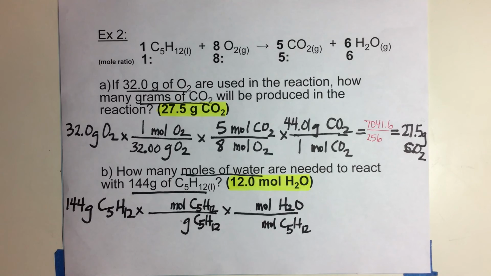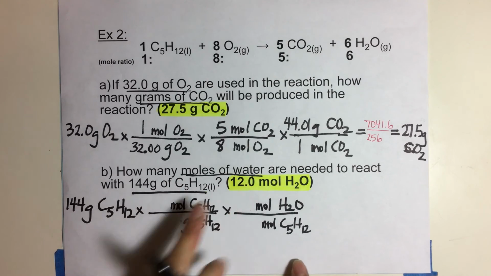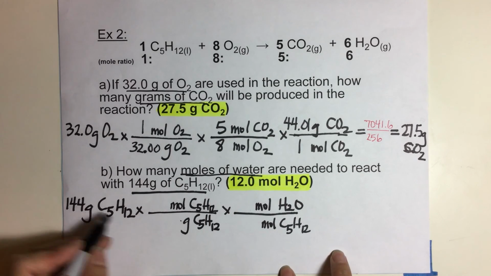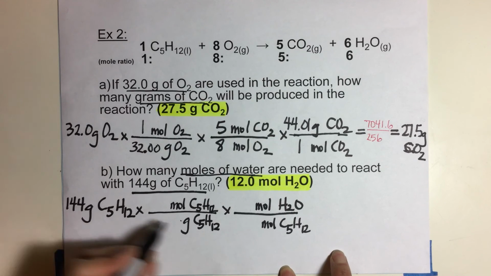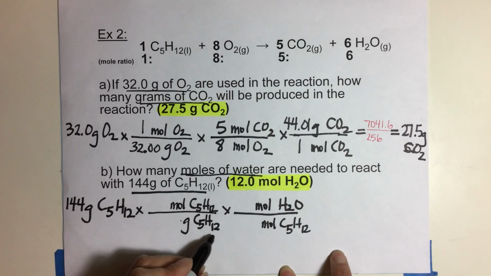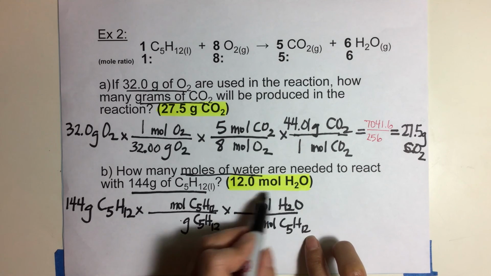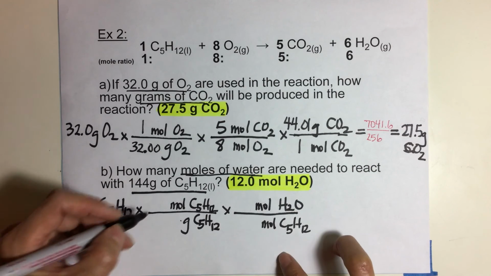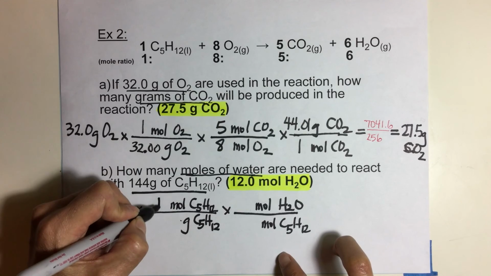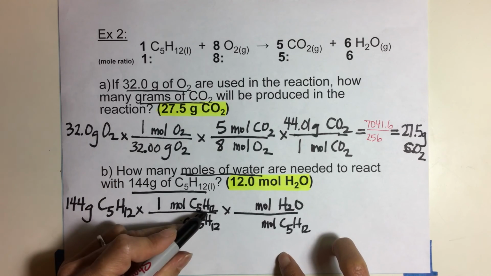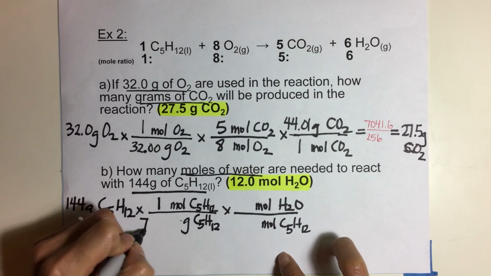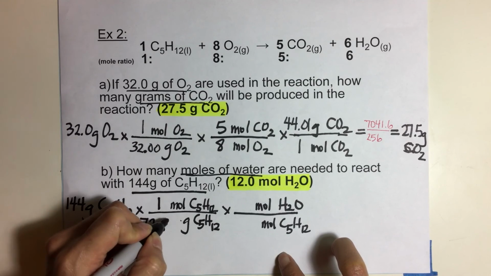And we stop there. Why? Because we're asked to find moles of water. So if you look at the cancellation of the units, grams of pentane cancel out. Moles of pentane also cancel out, and so you're left with moles of water. So now let's substitute values in. For every 1 mole of pentane, there are 72.17 grams.